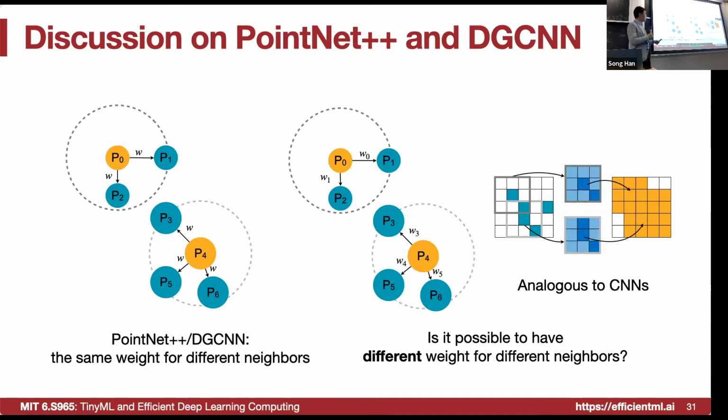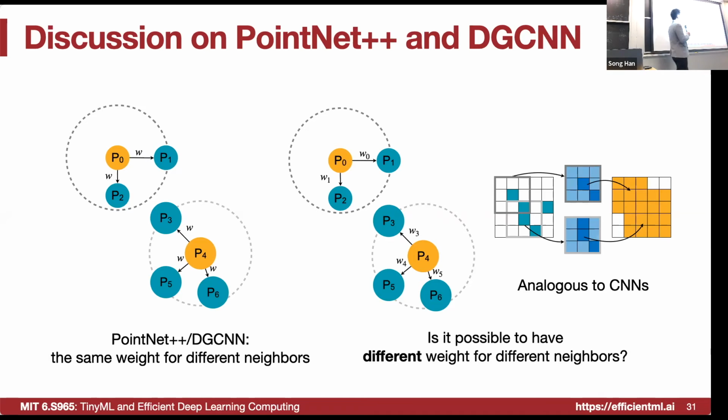Okay, so what's the limitation so far? For both PointNet++ and also DGCNN, no matter what the relative location is compared with the centroid, we are actually applying the same weight for different neighbors. This is not the case for 2D CNN, right?